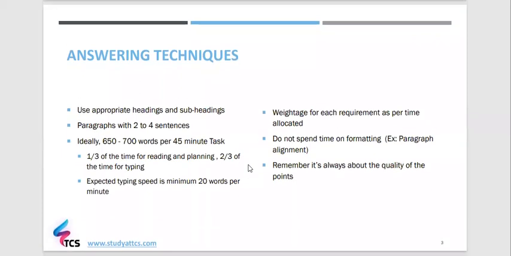Let's look at answering techniques, what you need to adhere to when providing answers at your exam. You are supposed to use appropriate headings and subheadings. The examiner has stipulated that you need to use main headings as well as subheadings, and there's a specific format to adhere to.